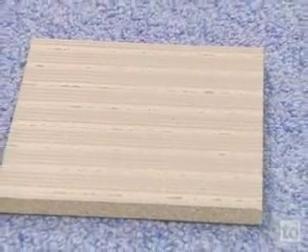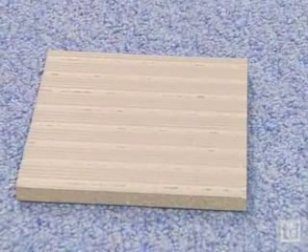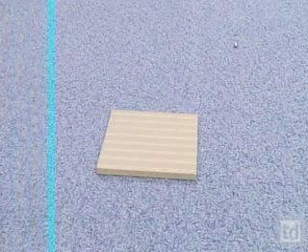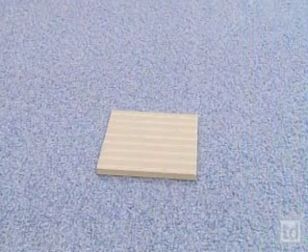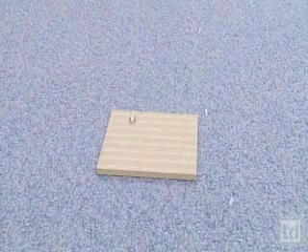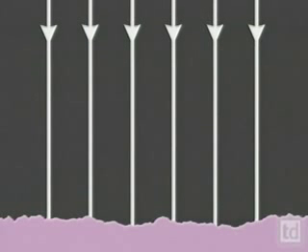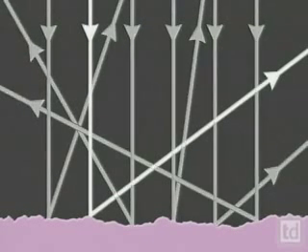And when we drop them on the underside of a tile, the rough side, they scatter. But the law of reflection, that the angle of the incoming light is equal to the angle of the outgoing light, still holds, as we see if we follow the arrow on the rough surface.